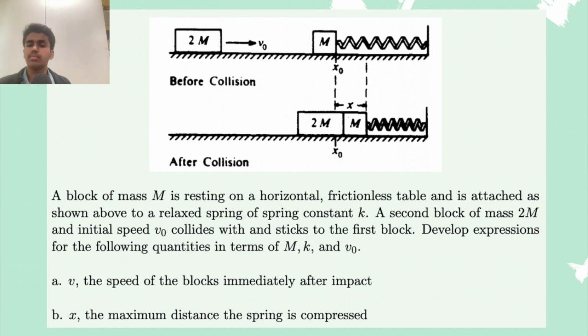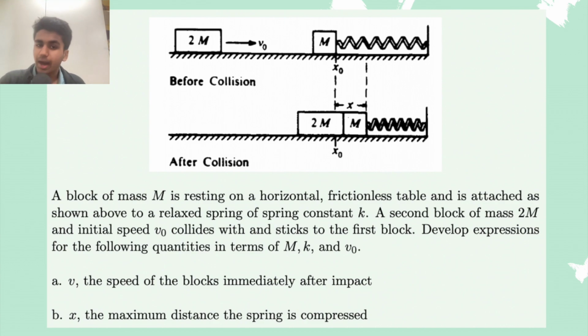So in this problem, if we think about it, right when the mass of 2m collides with the mass of m, that's the point when momentum will be conserved. But once they collide, they both will stick together and act like an object of mass 3m with some velocity. And that kinetic energy that they both have will cause the spring to compress to some certain maximum distance.